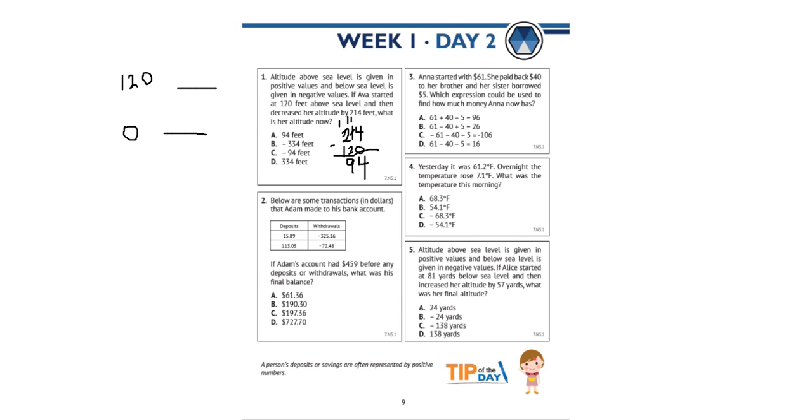Okay, so it's 94, and then she decreased it, so it's going to be negative. So we are going to come down here on the number line and write negative 94. And that is our answer.